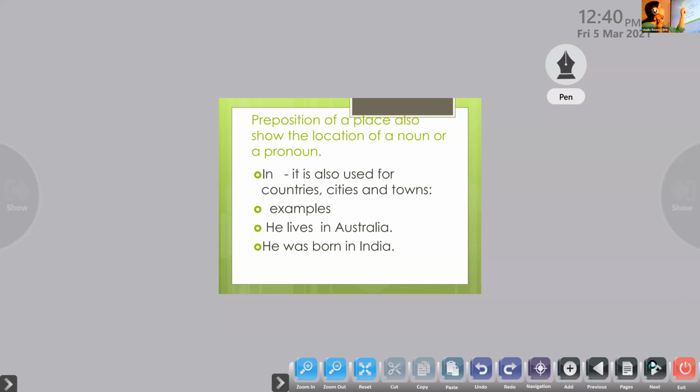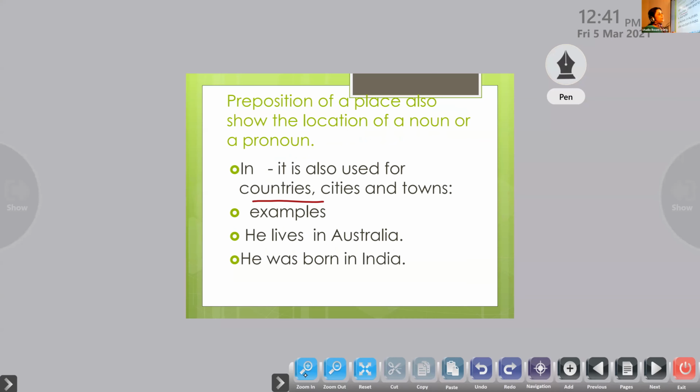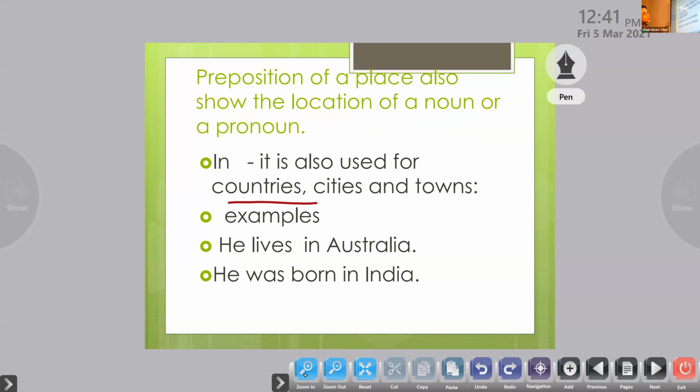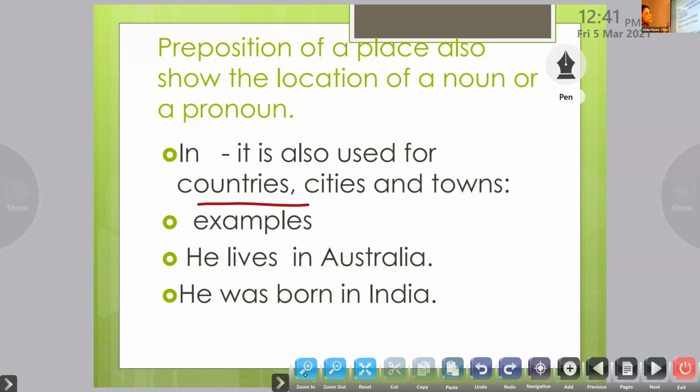In order to know the location, we use the prepositions in and at. In is a preposition which is used for countries, cities, and towns.